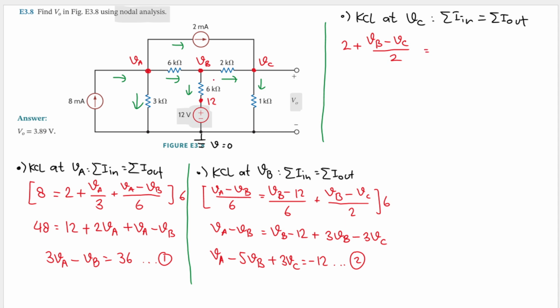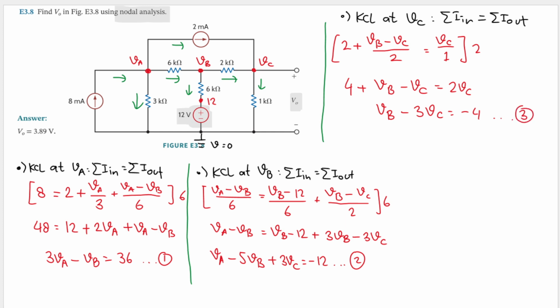And that will equal VC minus 0, that will be VC divided by 1. Okay, multiply this by 2. We'll have 4, and then plus, 2 and 2 will cancel each other, so we'll have VB minus VC, and that will equal 2 VC. And so we will have VB minus 3 VC equals minus 4. And here, this is the third equation.